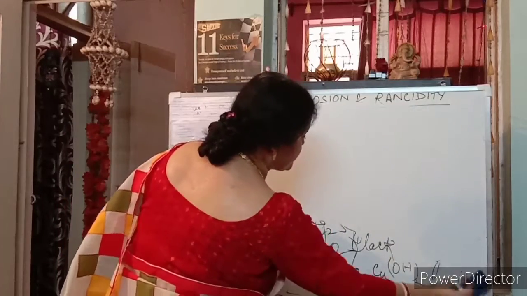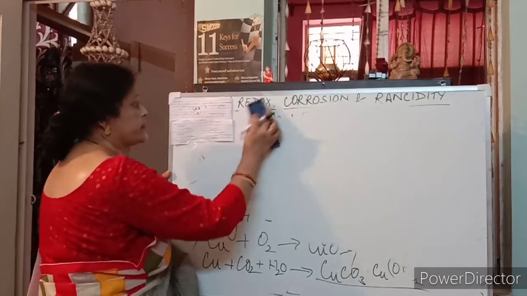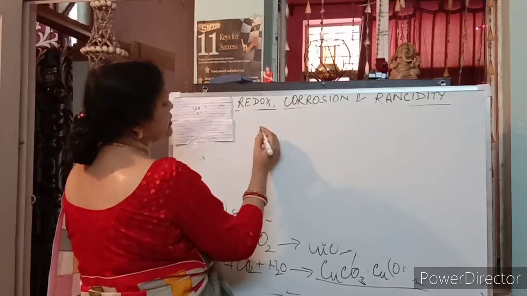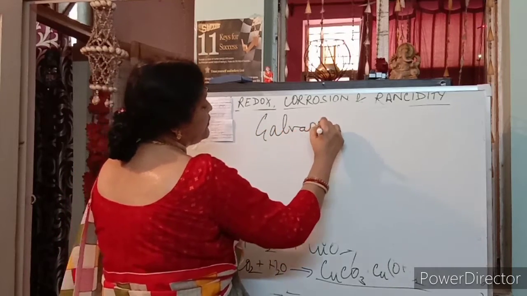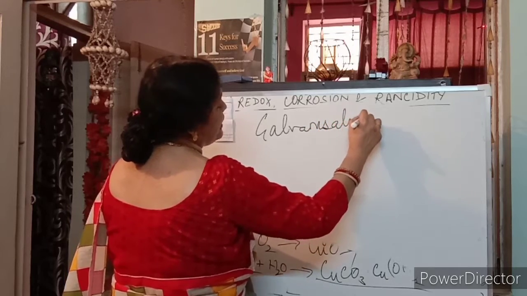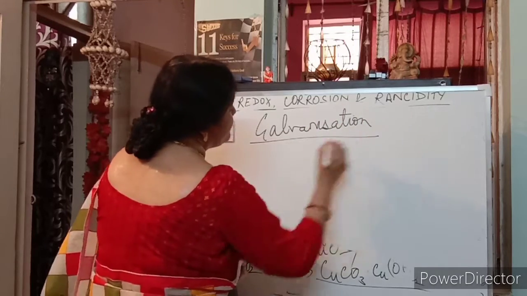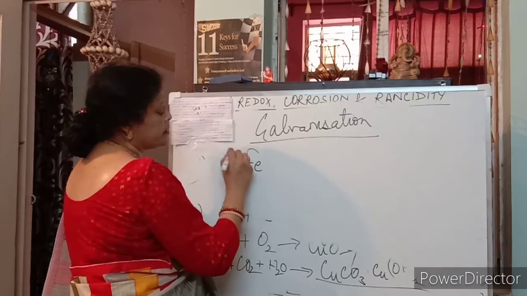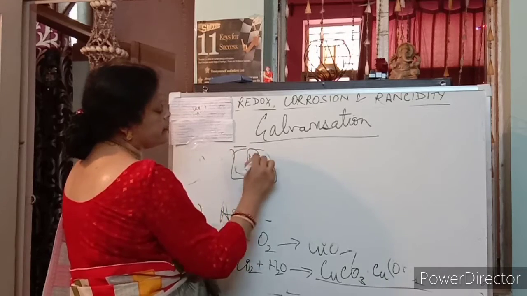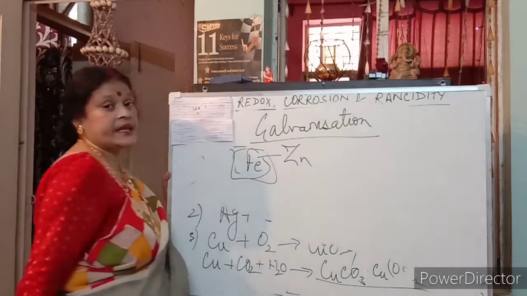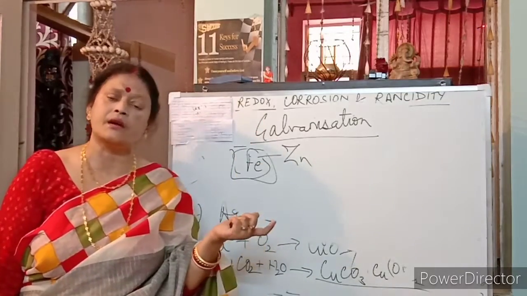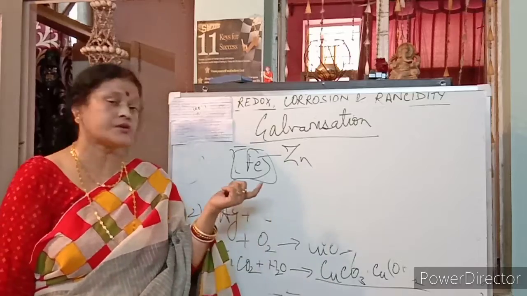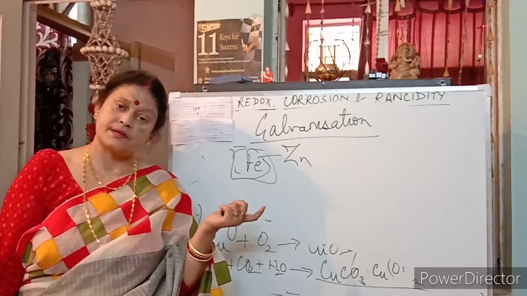When an iron article, I am talking only about iron articles, students, is coated with zinc, then it is known as the galvanization process. This topic I will cover again in metals and non-metals, where we will go through all these reactions.